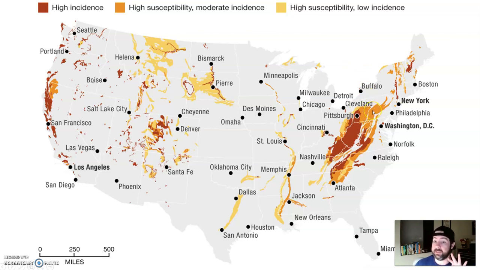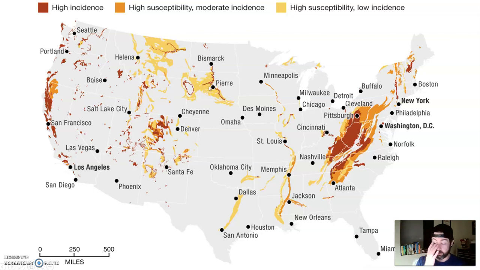So you really want to be careful. So high incidence, high susceptibility. Orange, moderate incidence, but it still has a high susceptibility. They could be much more than there is. And then the yellow also has a very high susceptibility, meaning it could happen, but rather low incidence in general. But they could happen a lot.